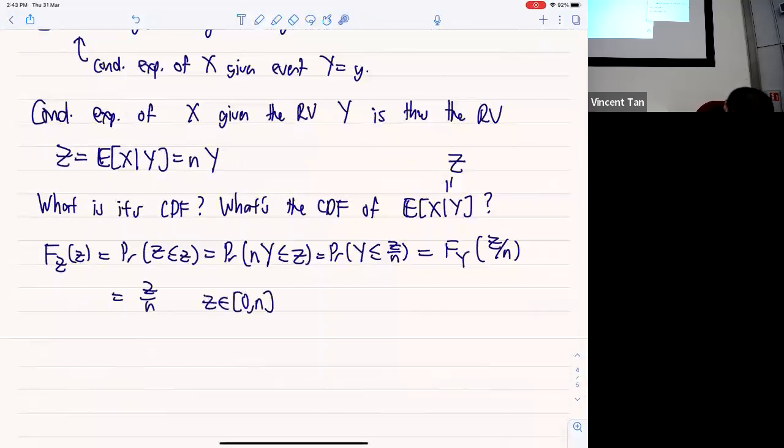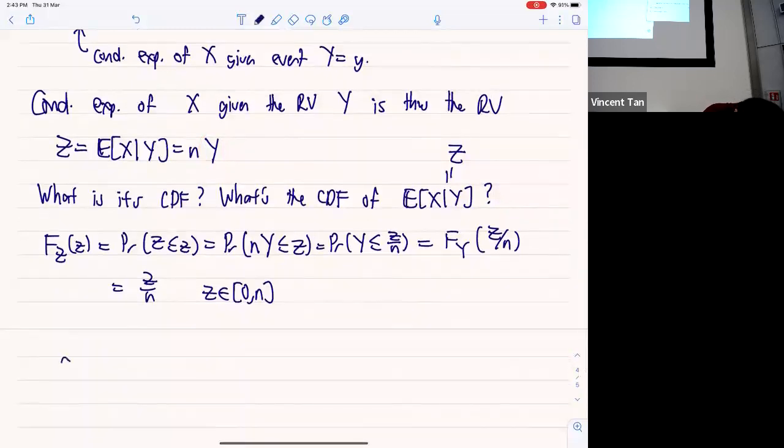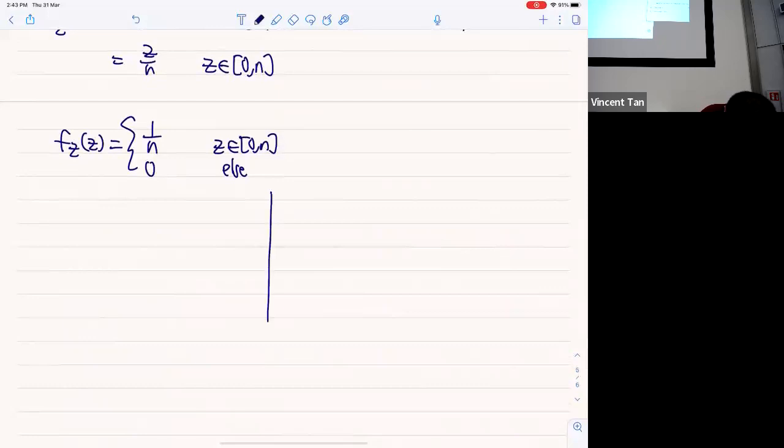Okay, because Y takes on values from 0 to 1, Z is a scaled up version of it. It can take on values from 0 to n in this range here. And the PDF of the conditional expectation now is nothing but 1 over n when z is between 0 and n and 0 otherwise. So this is the PDF of the conditional expectation.